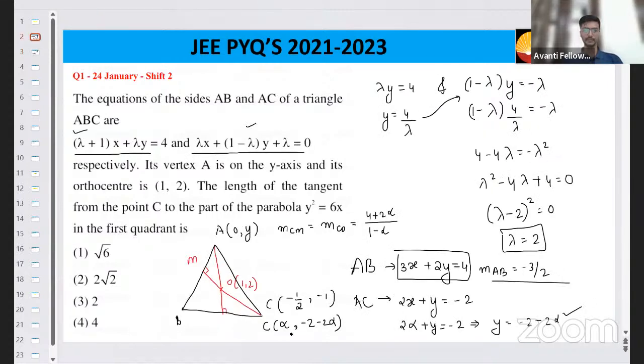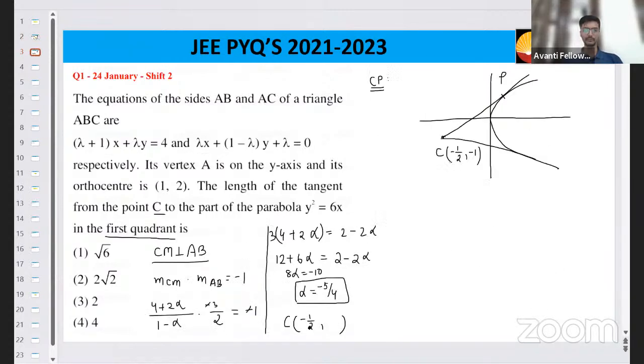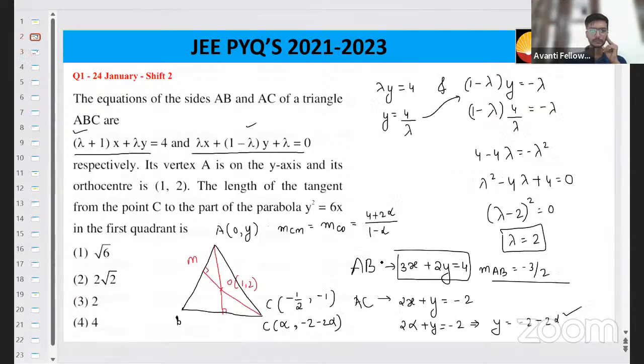So if alpha is minus 5 by 4, so C will be minus 5 by 4. Just a second, guys. I think 1 minus lambda, we got lambda.